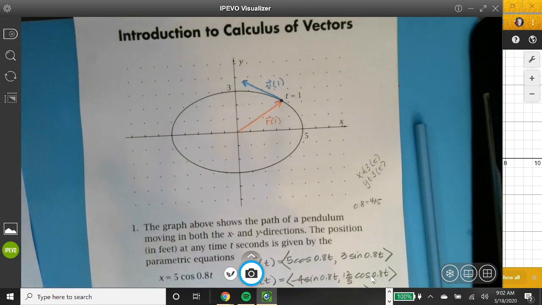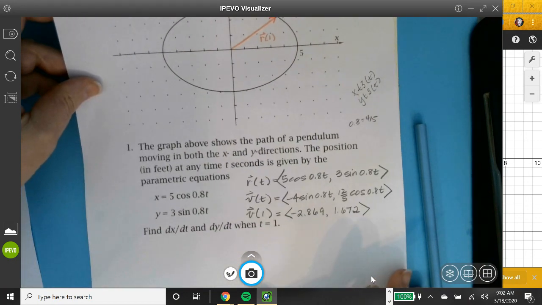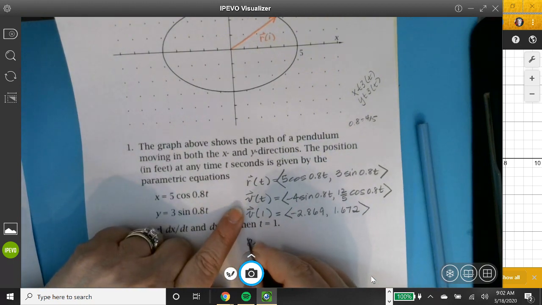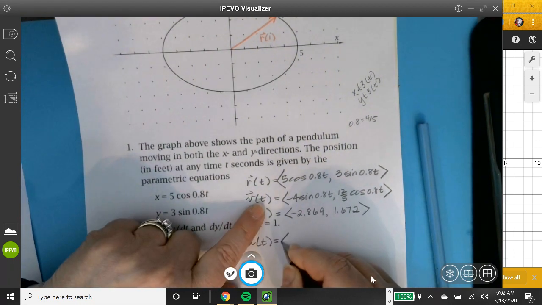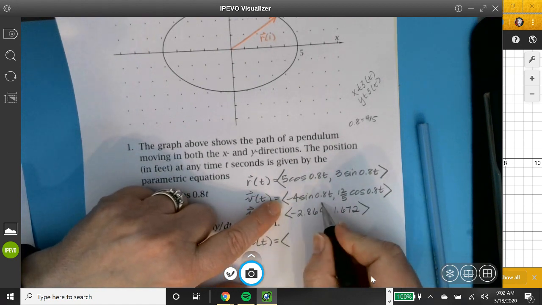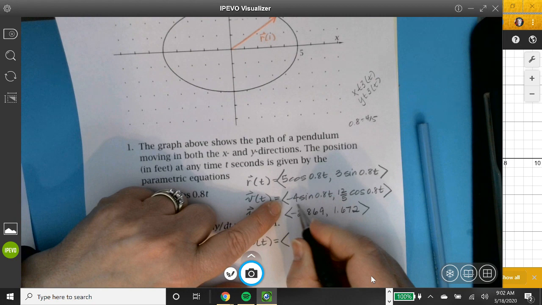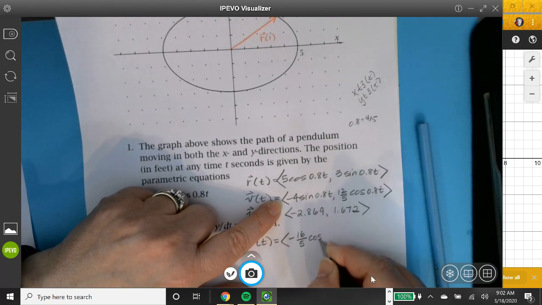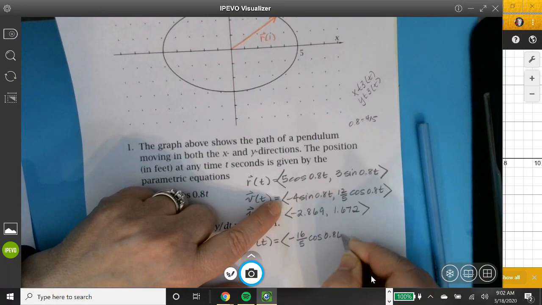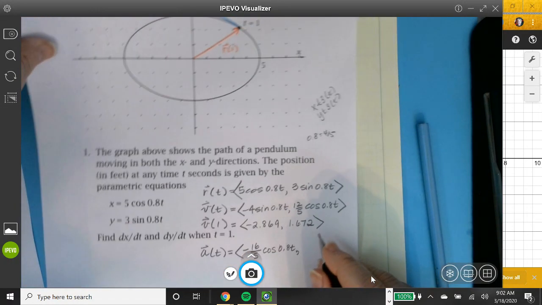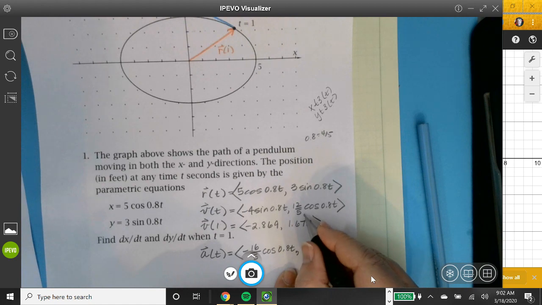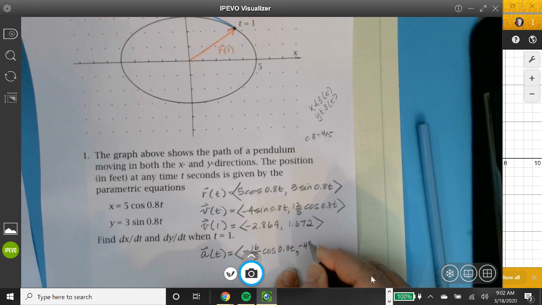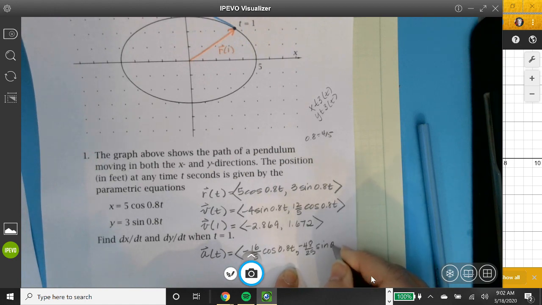All right, so let's find the acceleration vector, which means I'm going to take the derivative of the velocity vector, which is negative 4/5 times negative 4, which is going to be negative 16 over 5 cosine of 0.8t. And then negative 4/5 times this, which would be negative 48 over 25 times the sine of 0.8t.